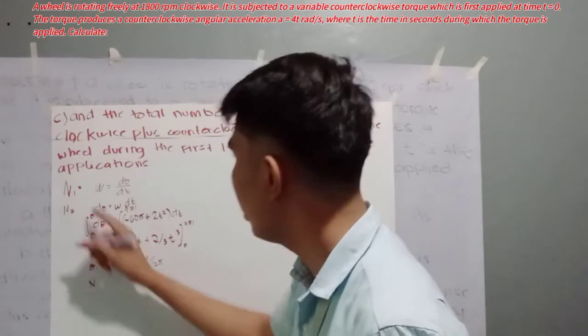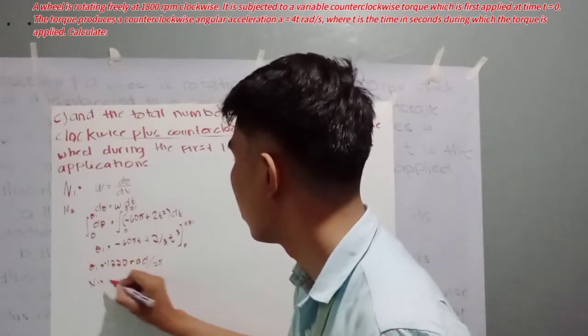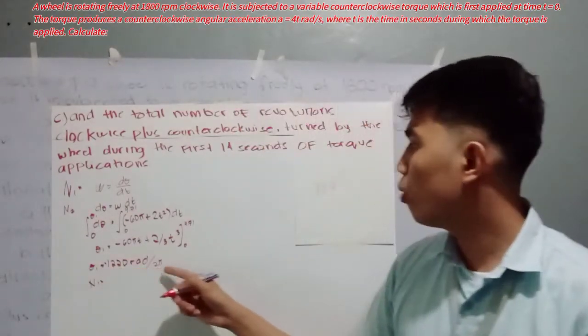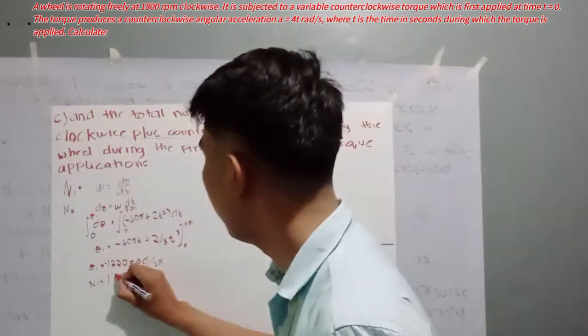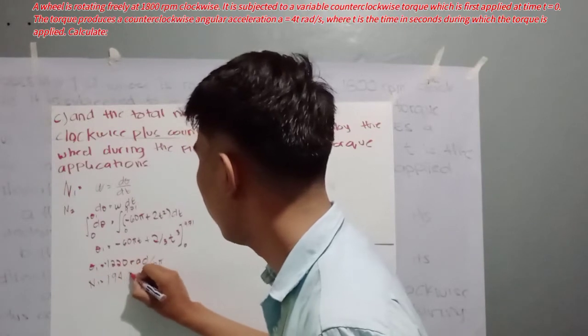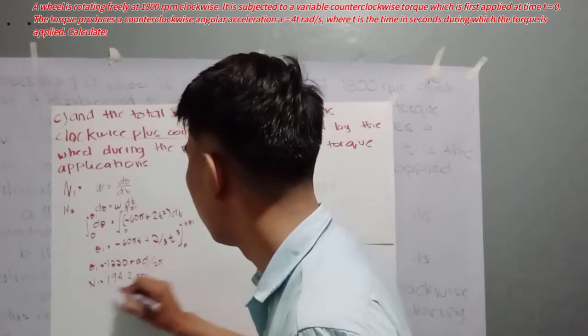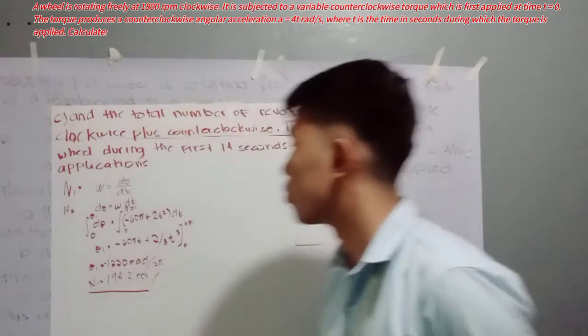So our N1 is 1,220 divided by 2 pi, which equals 194.2 revolutions. That is our N1.